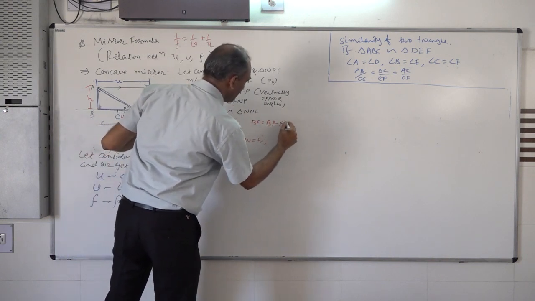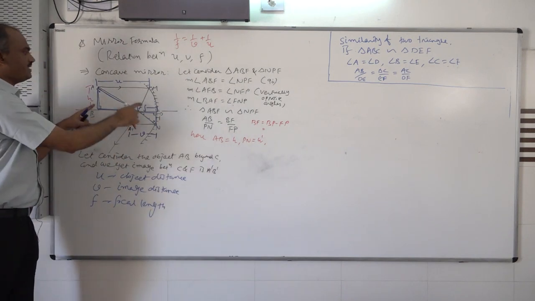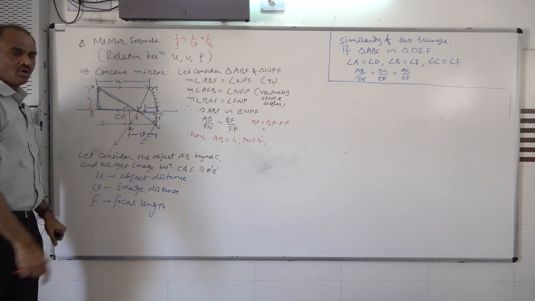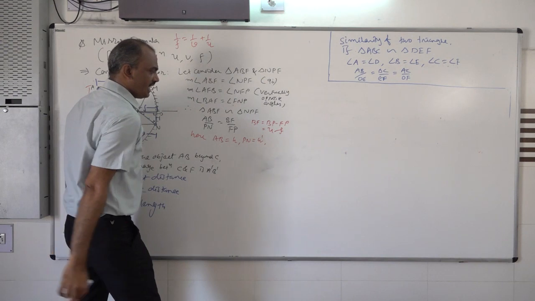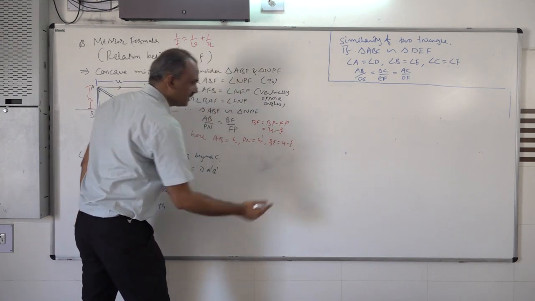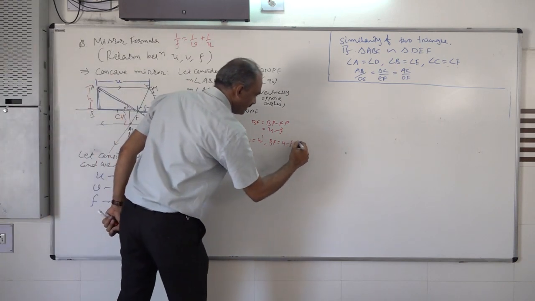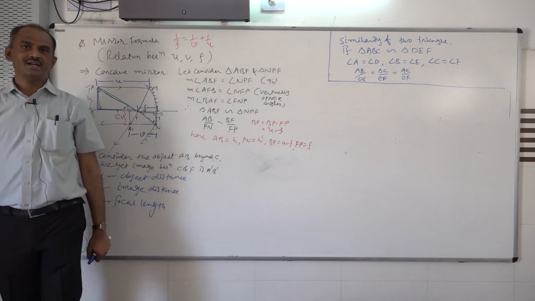BP is the object distance U and FP is the focal length F. So BF is equal to U minus F, and FP is the focal length F.